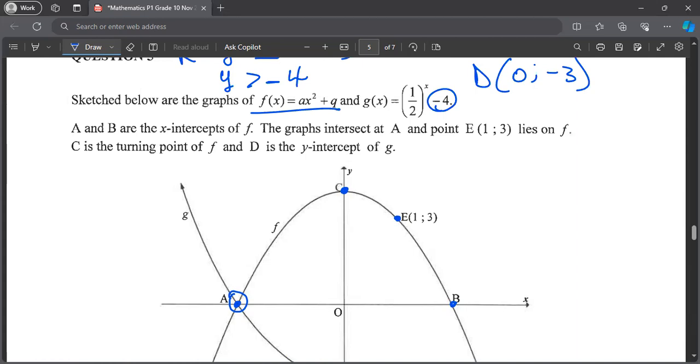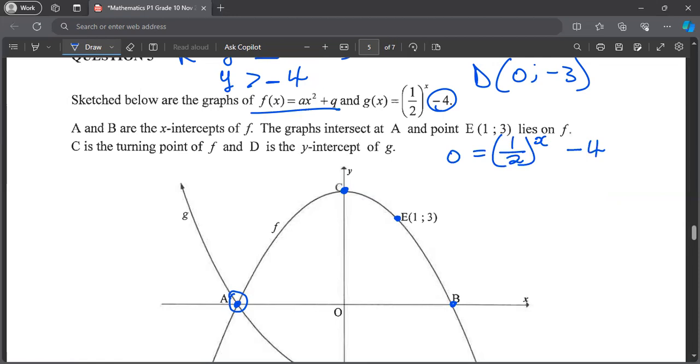So it means we have to use the exponential function. So the point A is the x-intercept of the exponential function. So what is happening at the x-intercept? It's where y equals 0. Do you see that? Then you just have to solve for x.